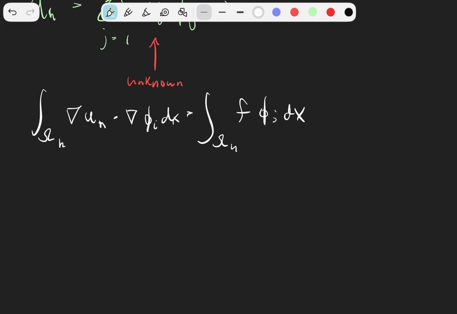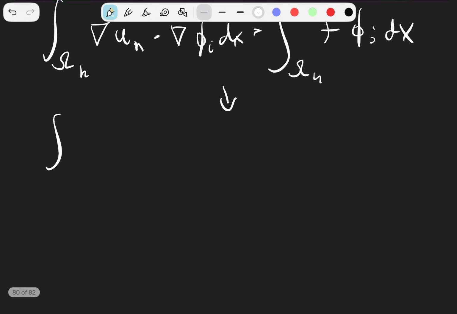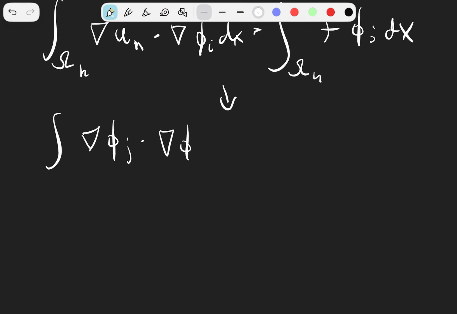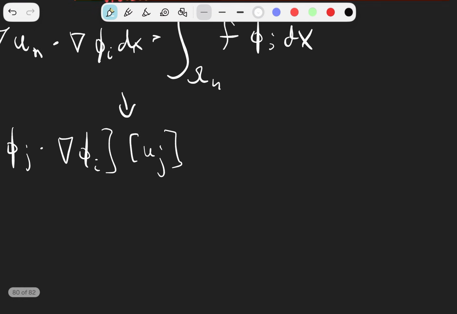And what this allows us to do is get a fully discrete linear system, because we can just factor out these into columns.